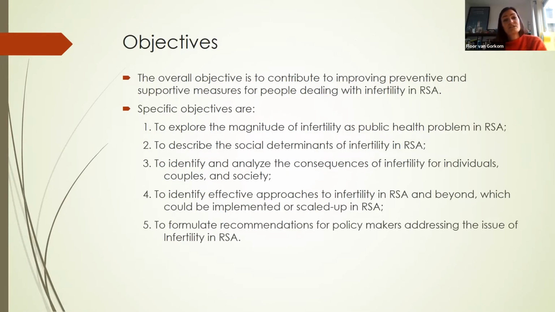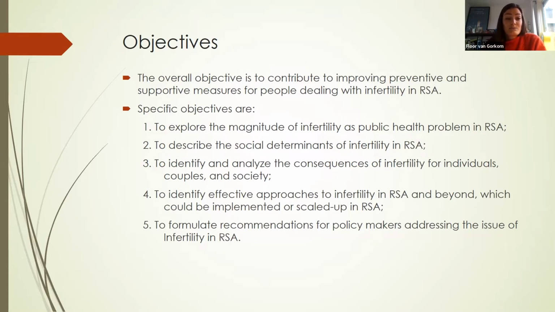The objective of this thesis in general is to contribute to improving preventative and supportive measures for people dealing with infertility in South Africa. Where you see the abbreviation RSA, that means Republic of South Africa.